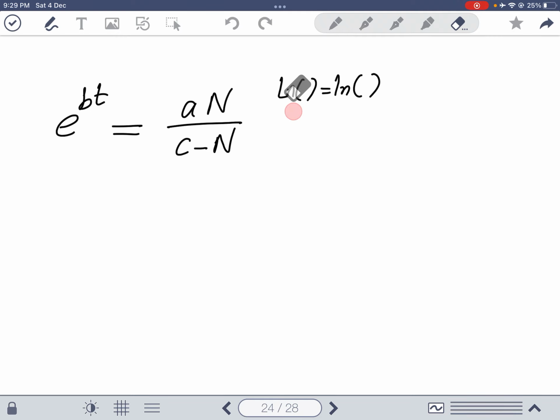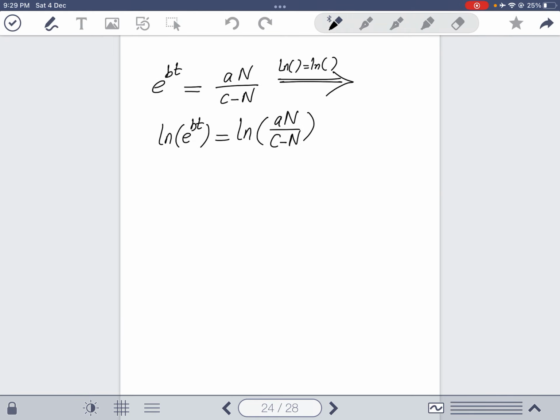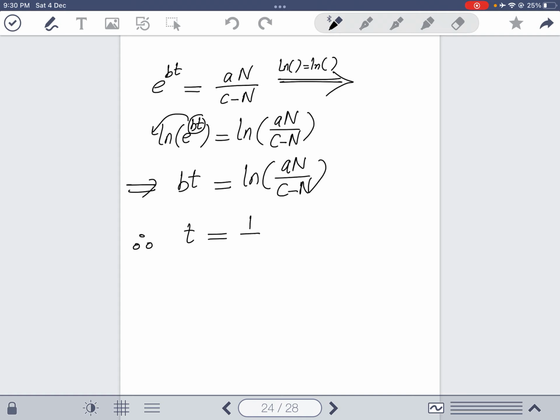So it will be ln of e to the bt equals ln of an over c minus n. Good. And finally bt will come down. This is a property of ln, and ln e is 1, so this will be bt equals ln of an over c minus n. And finally, therefore, t is 1 over b ln of an over c minus n.